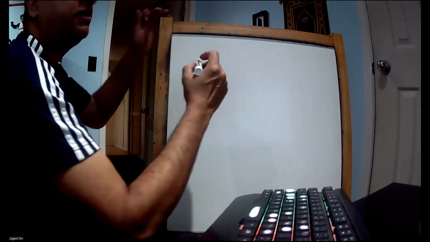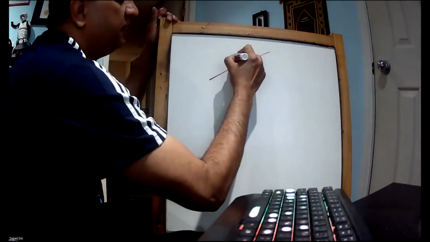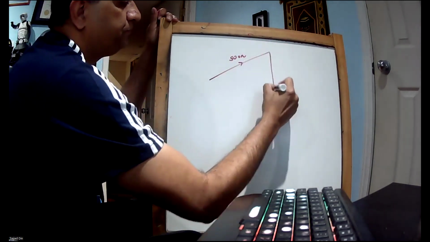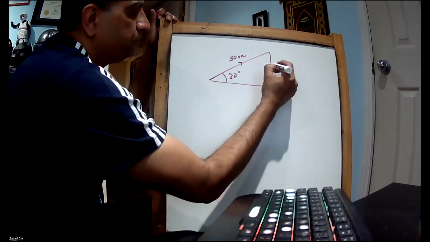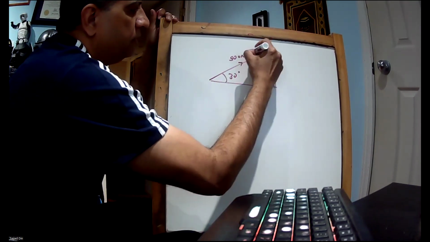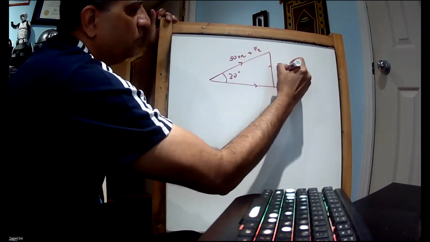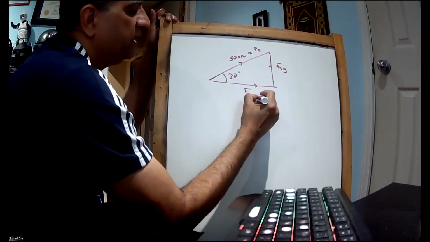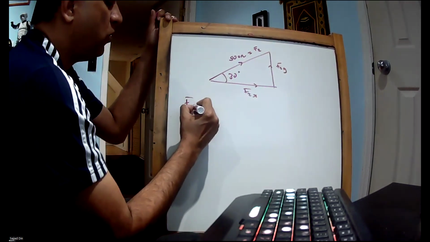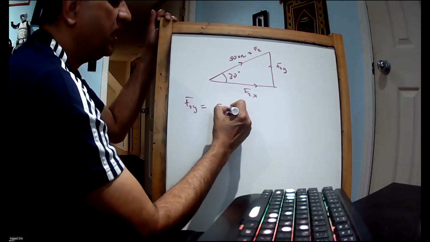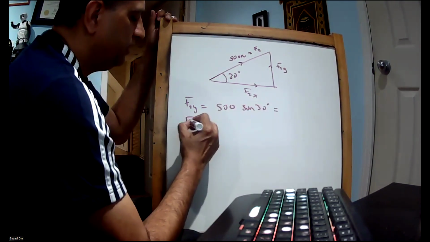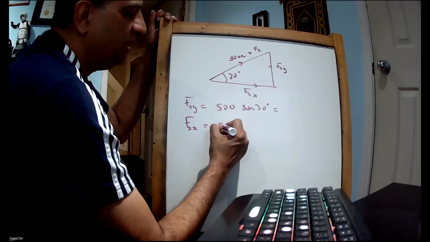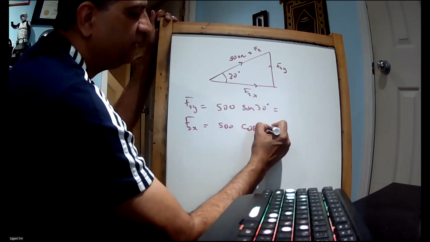And then you've got F2, it's 500 newtons. You've got the angle. F2, F2y, F2x. So F2y is equal to 500 times sine 30 degrees, and F2x is equal to 500 cosine 30 degrees.